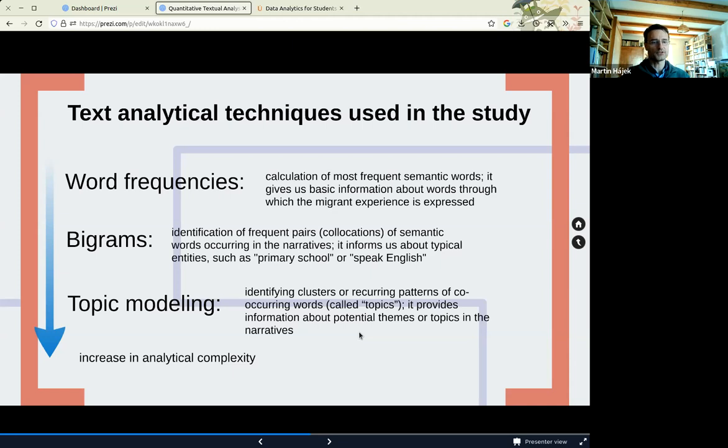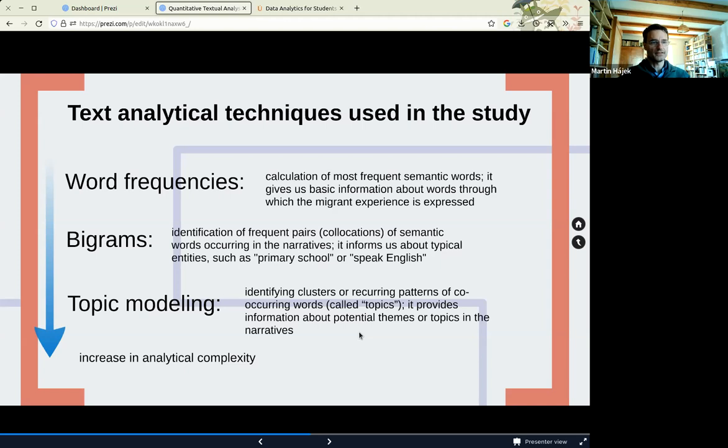So the interpretation is not easy, and it's not mechanical. It's up to our sociological imagination to pick topics or to consider the analysis useful or not in a particular case.